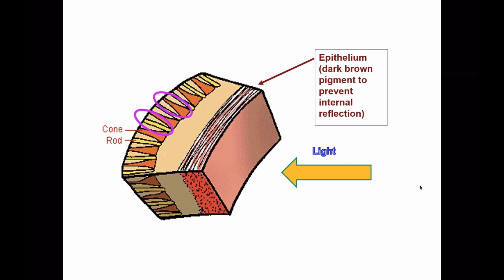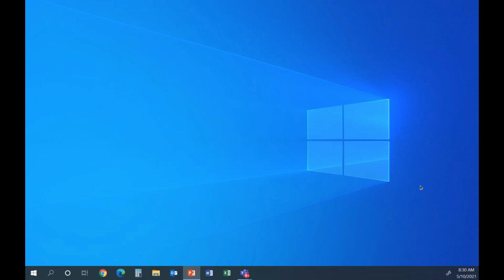So now we'll go to speak. So we've started to speak about these two cells, and we said that the cells are responsible for the vision and for the colors too.